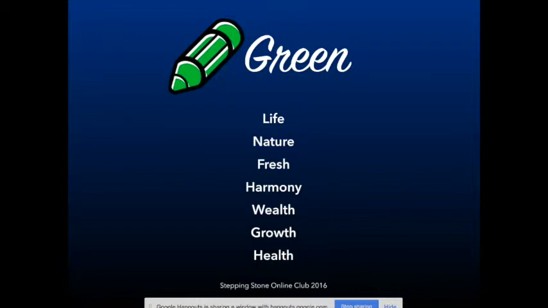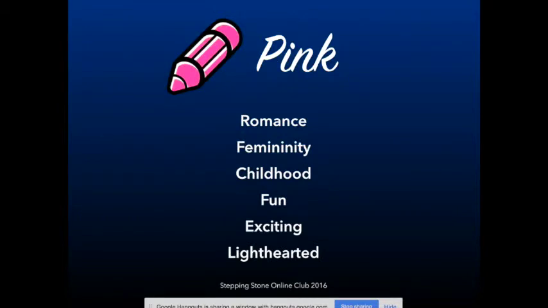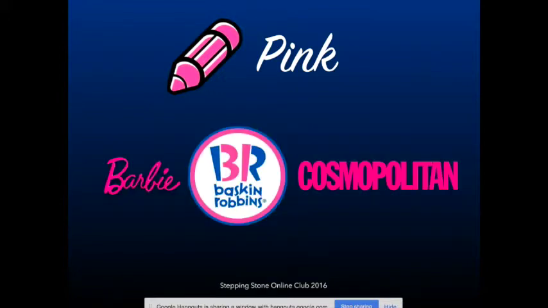Green is life, nature, fresh, harmony, wealth, growth, and health, like Tropicana, Starbucks, and Animal Planet. And then we have pink, which means romance, femininity, childhood, fun, exciting, and lighthearted. The brands that we have here are Barbie, Baskin Robbins, and Cosmopolitan.